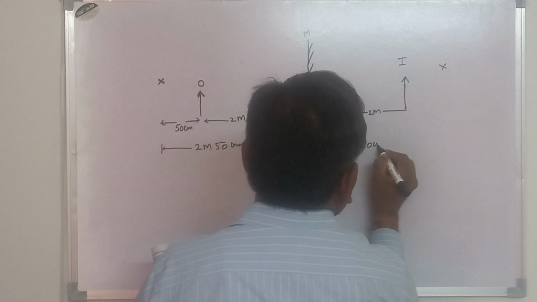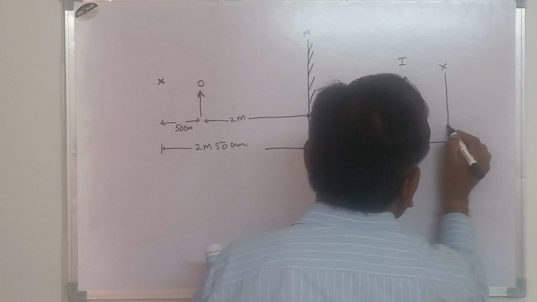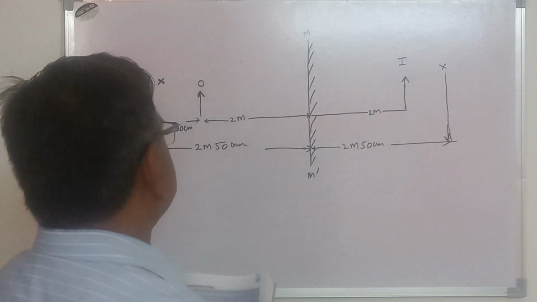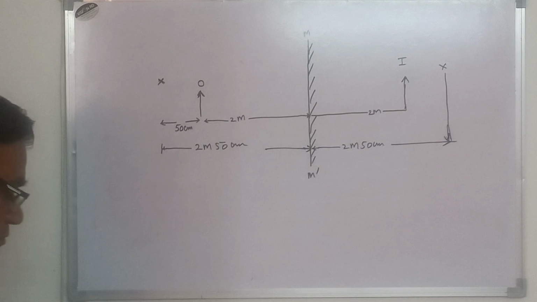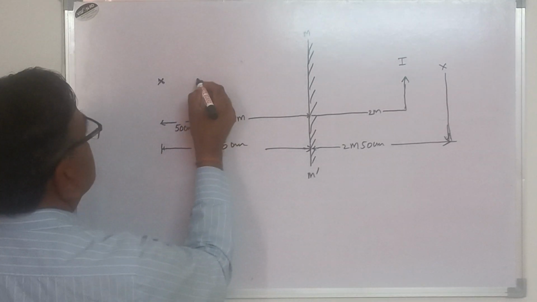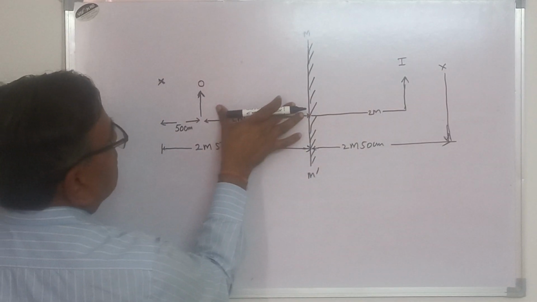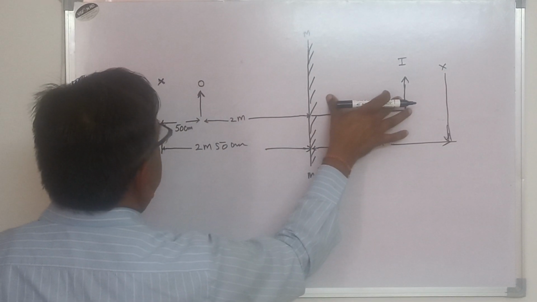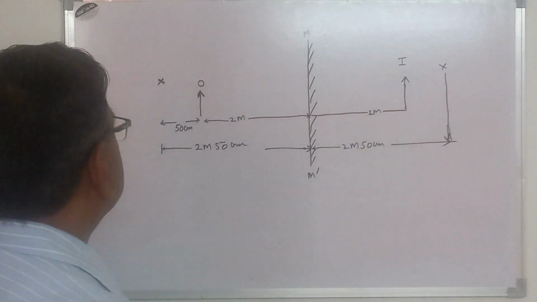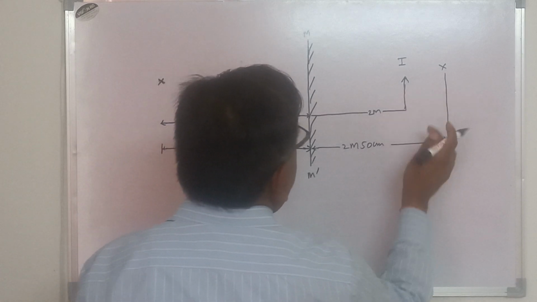His eye is here, and this will be the distance. So this is 2 meter, this is 2 meter, and this will be 50 centimeter.